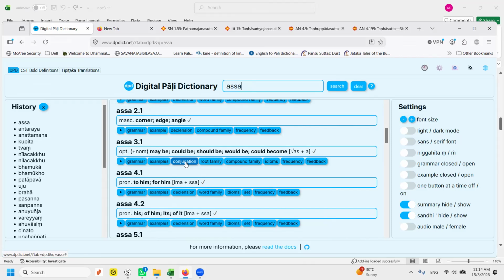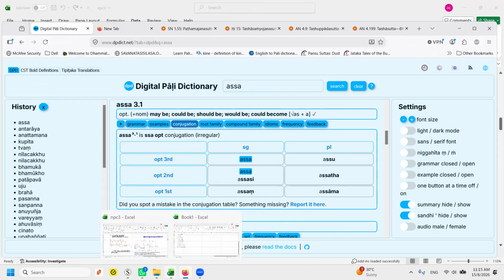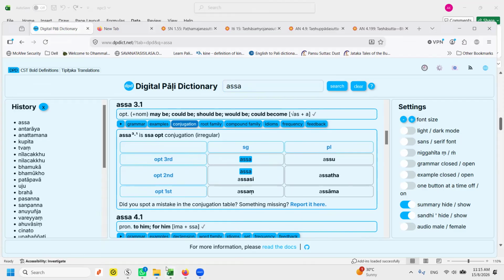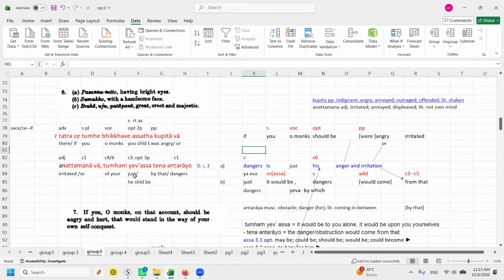So it's conjugation. Can you see the word answer here? It means he should be or you should be. Optative: he should be or you should be.